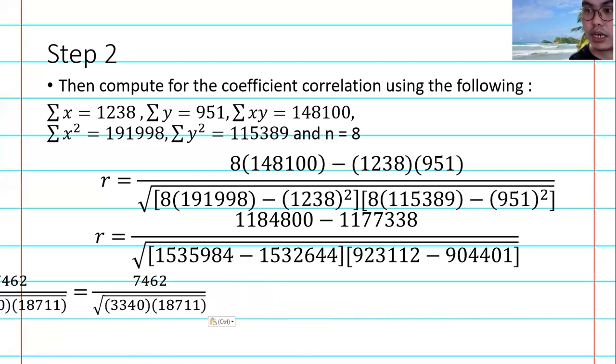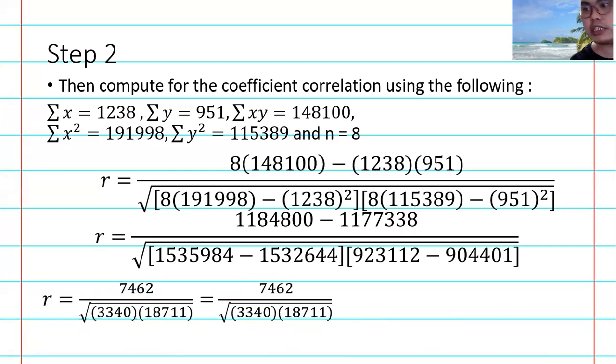Why have I decided to do the mano-mano? Para sa mga hindi nagko-computer. So we're going to type the product. Here we're going to take the square root.